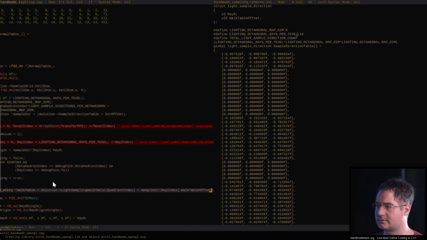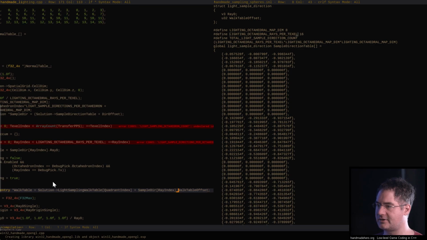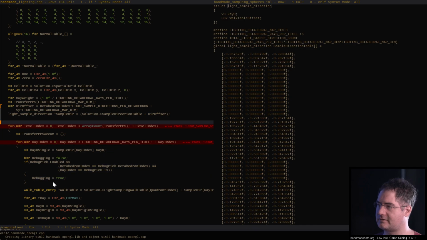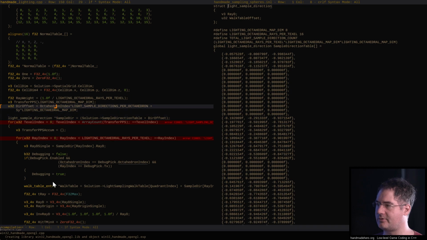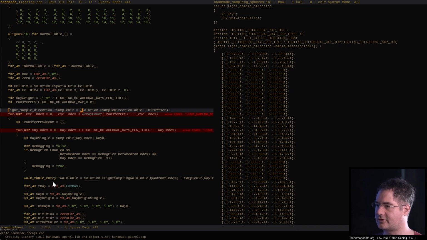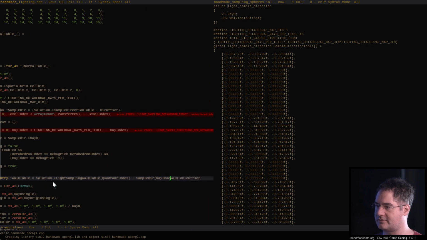So the walk table offset here, I would say probably all we really need to do is, at the outset, just set the sample dir to the correct thing here. Each time through, we just do the sample dir ray d and the sample dir walk table offset.